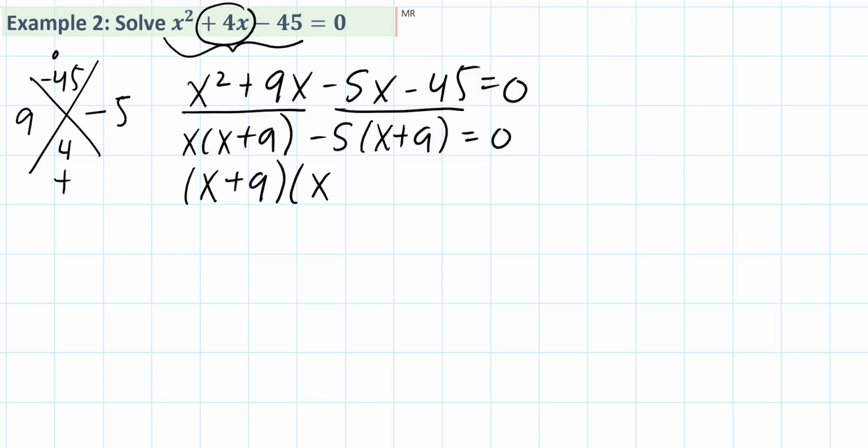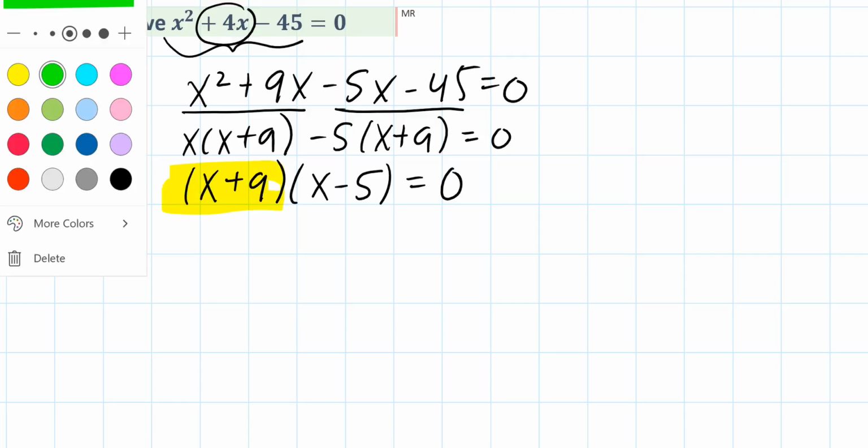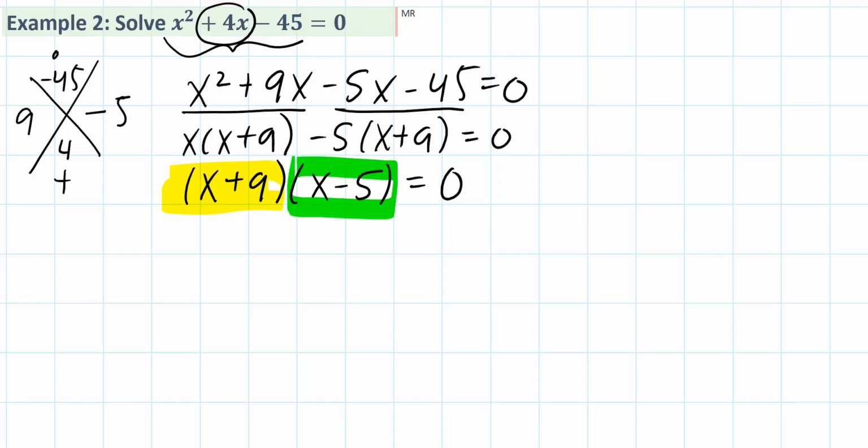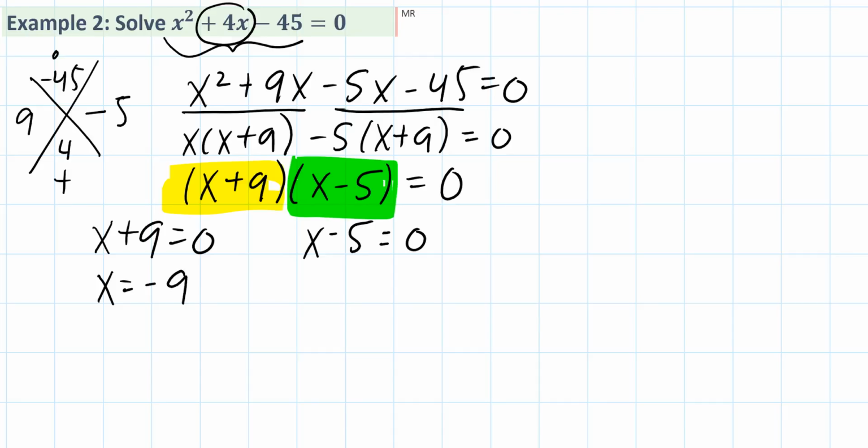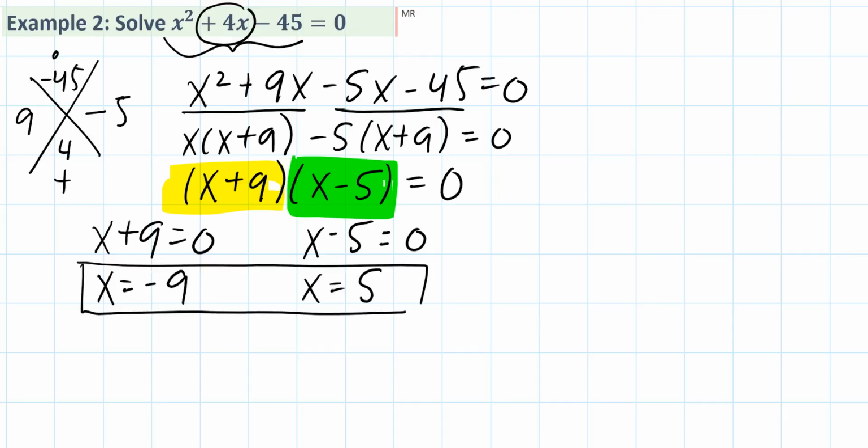x plus 9 times the quantity x minus 5 is 0. Because this looks like something times something else is 0, in order for these two things to multiply to 0, one of the individual factors, either x plus 9 or x minus 5, must be 0. So here are our two solutions, negative 9 and 5.